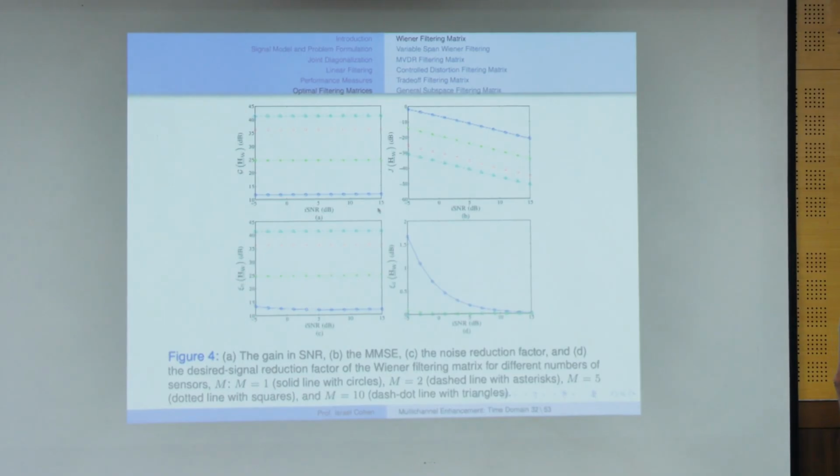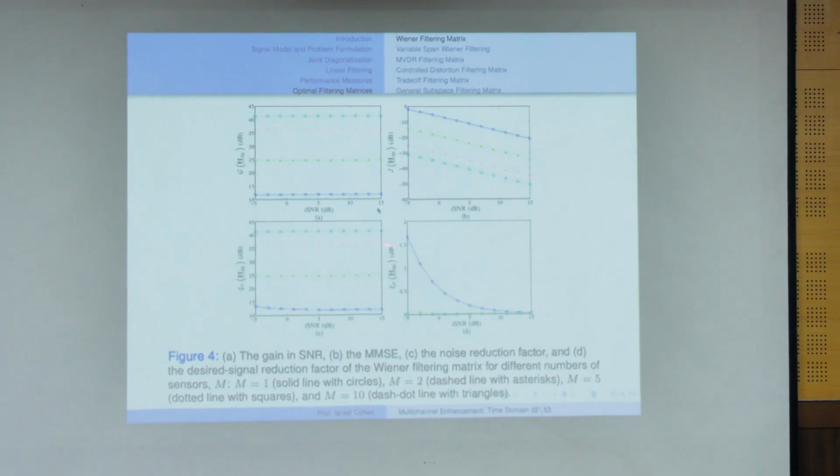So when we add sensors, we use more information, and therefore we improve the noise reduction and the output SNR. Regarding the MSE, we are able to reduce the MSE.